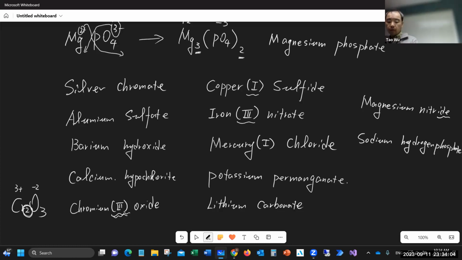Next one is sodium dichromate, which also shows in the polyatomic anions. Next one is ammonium phosphate.